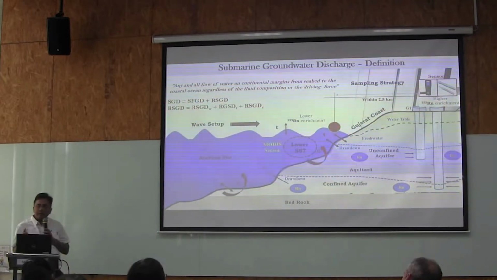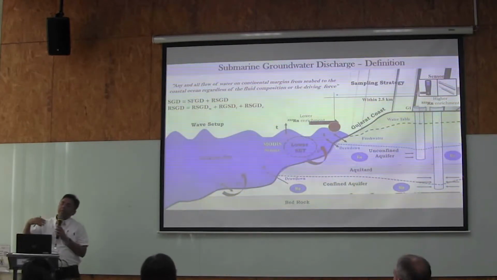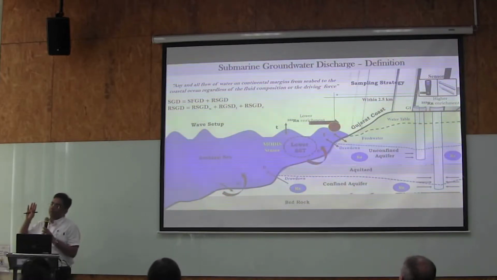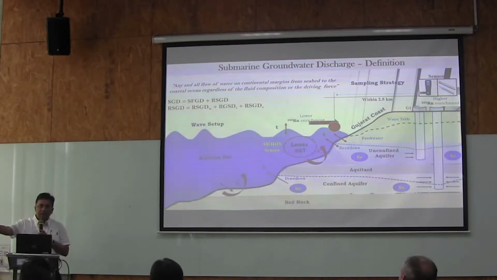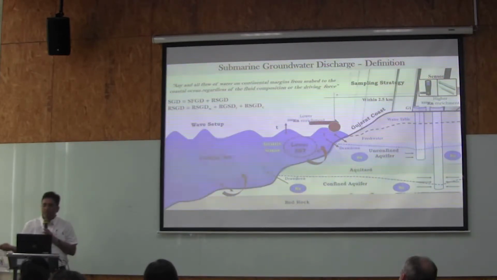Another kind is because of the wave setup: you know that there is a high tide and low tide. When there is a high tide, the saline water pushes the groundwater, and when there is a low tide, the groundwater pushes down to the saline water. In that process also, a lot of groundwater is discharged into the sea.